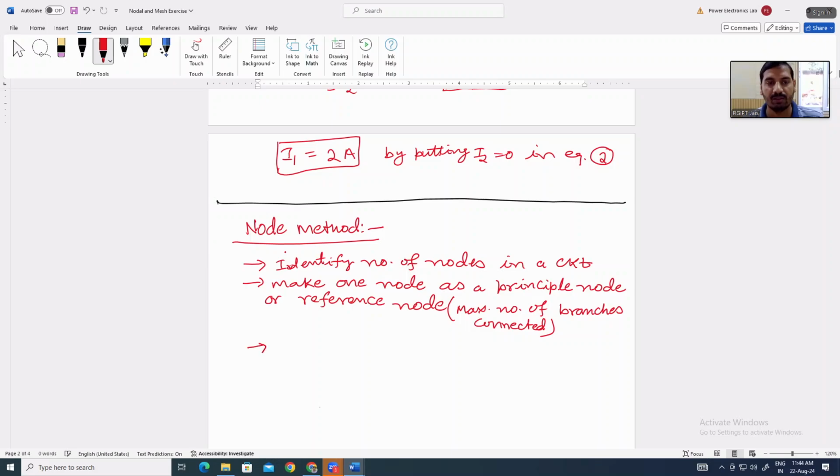So the voltage at reference node will be treated as 0. Voltage at reference node is equal to 0 due to ground connection.